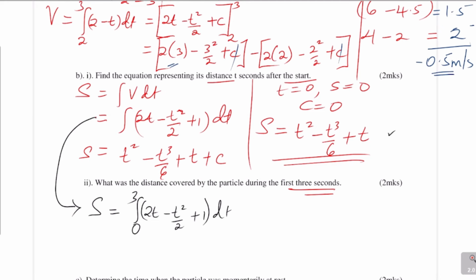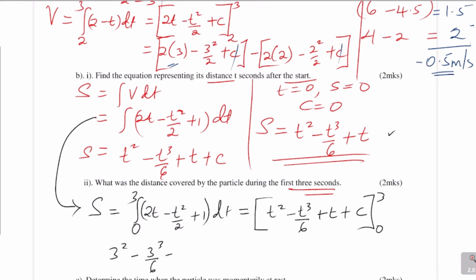So this will give you square brackets, and when you integrate these, you get t squared minus t cubed divided by 6 plus t plus c, from 0 to 3. So substitute t is equal to 3: 3 squared minus 3 cubed divided by 6 plus 3.